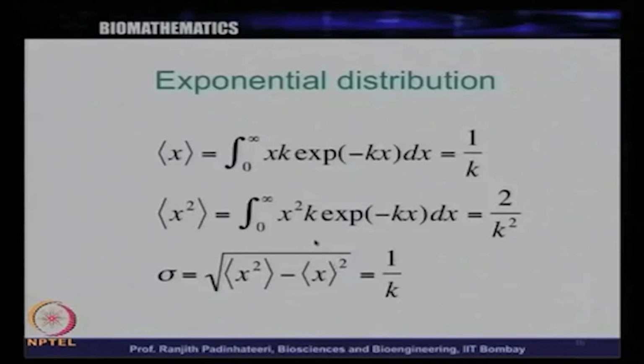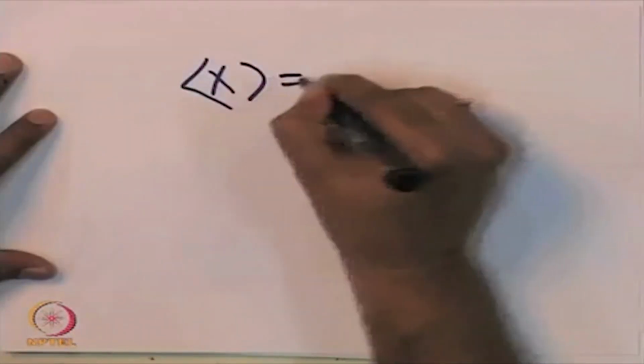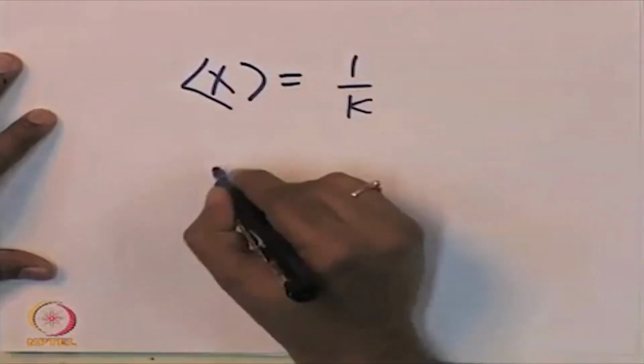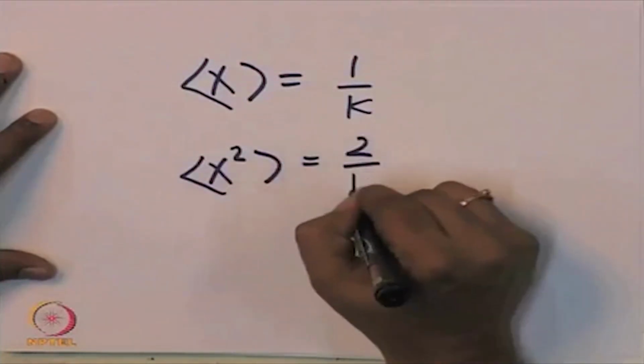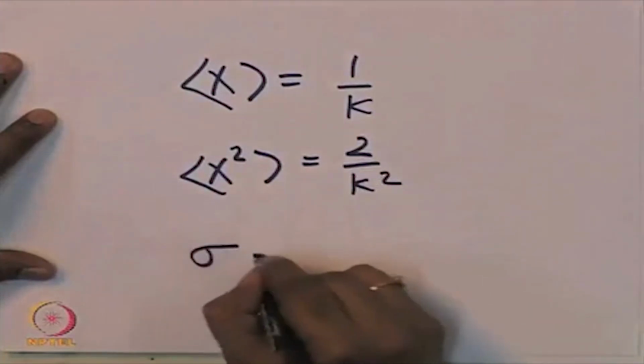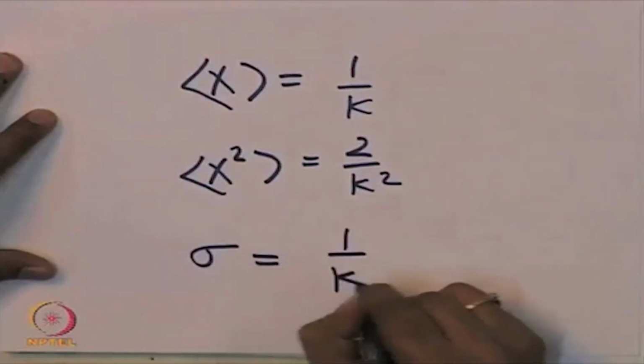So, if you look here, what do we have? We have x average 1 over k, x square average 2 over k square, standard deviation 1 over k.